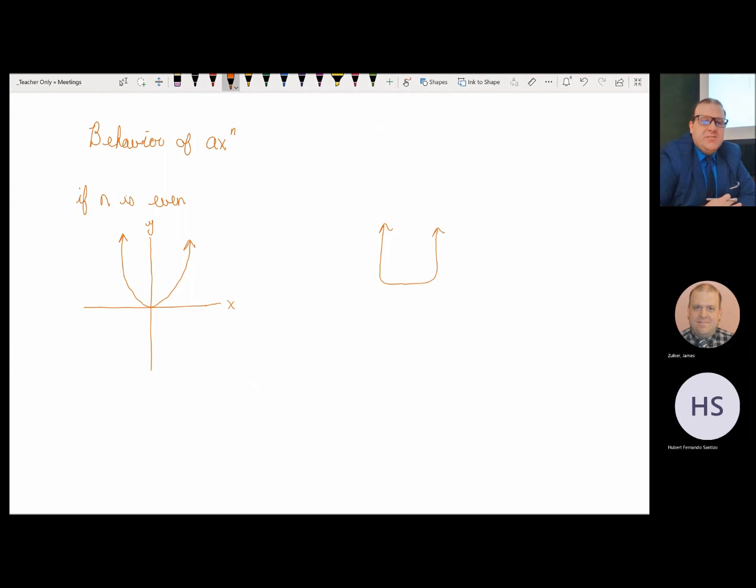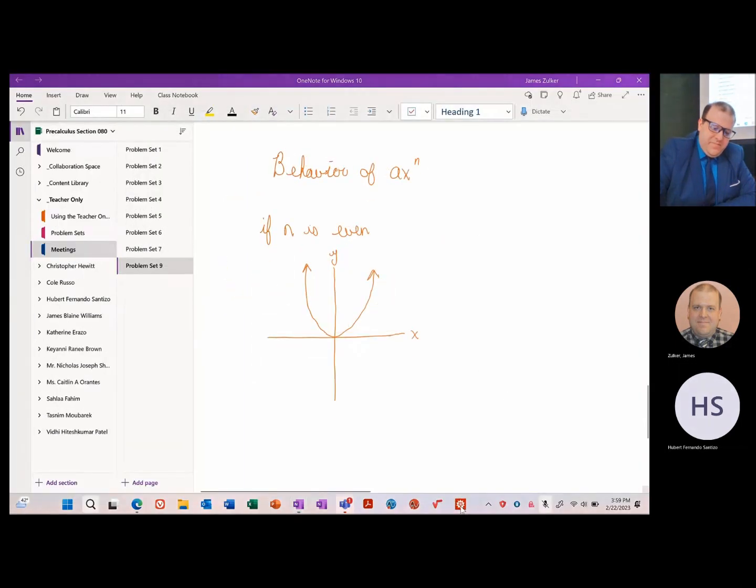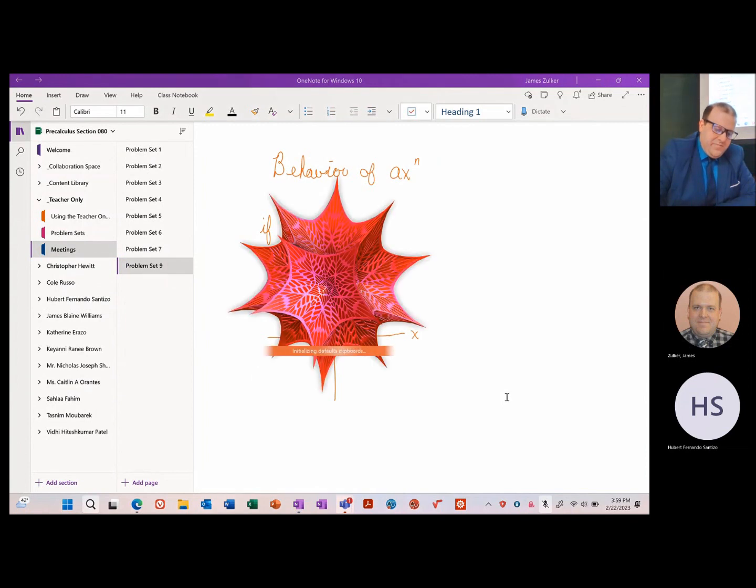If a, all right, so a is just a coefficient. Let's just say it's 1 for now. So you've got your basic x, let's say n is 2. There's your classic parabola, your x squared.